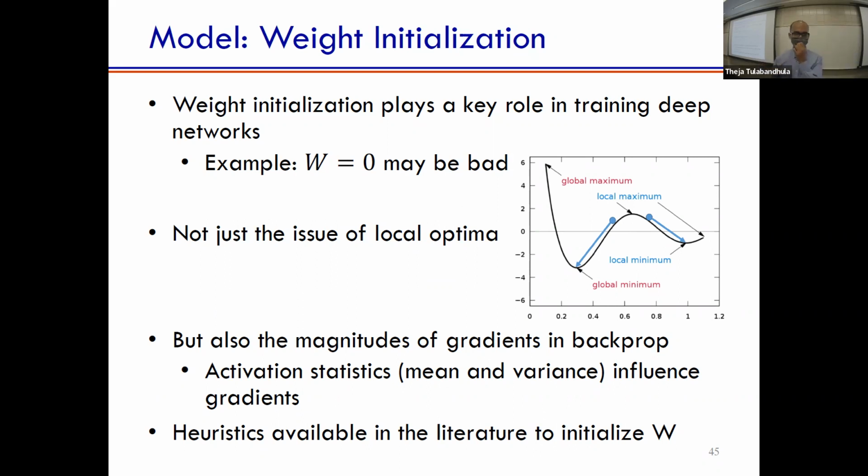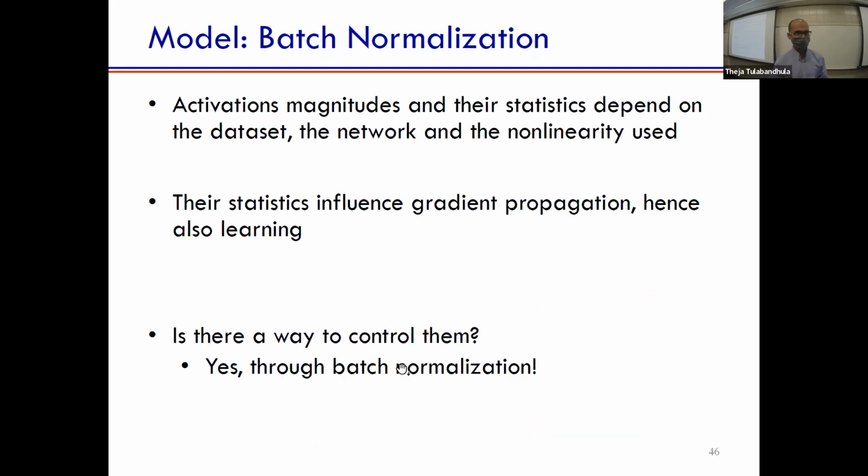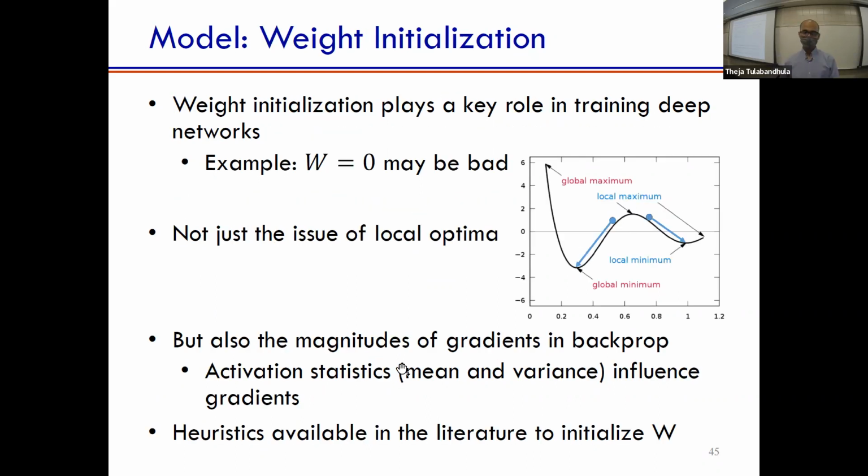But people have figured out some heuristics, sampling from normal distributions and so on, of specific standard deviation, which depends on how many hidden neurons you have and all that. So there are some rules of thumb that people have figured out, which are good choices.